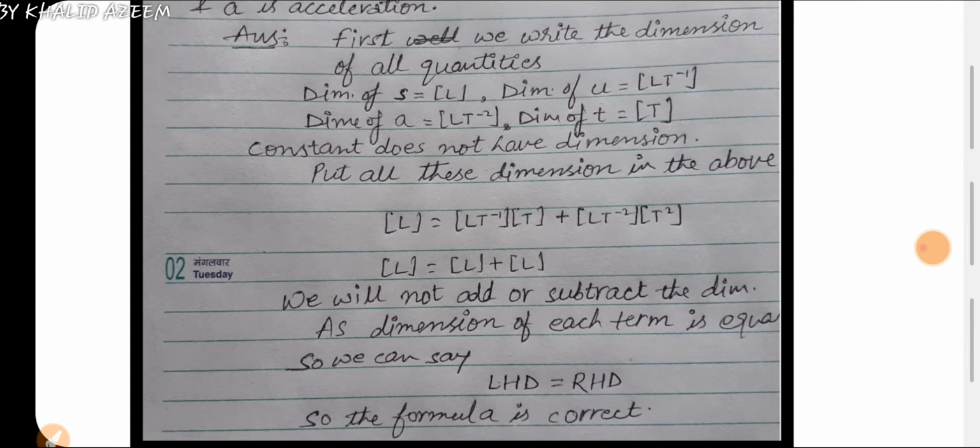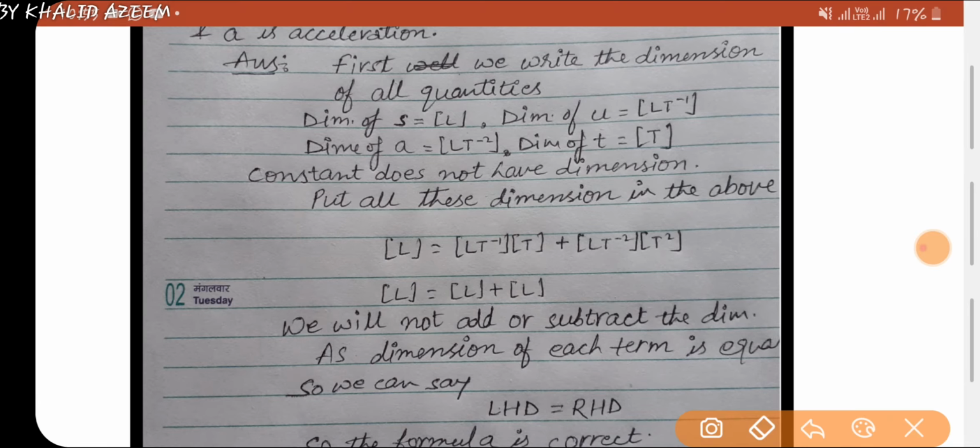and on solving we get this equation. So as we can see in this term, L is single power and the power of T is minus 1 here, and here is plus 1.